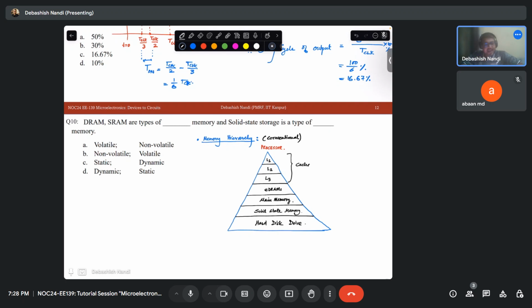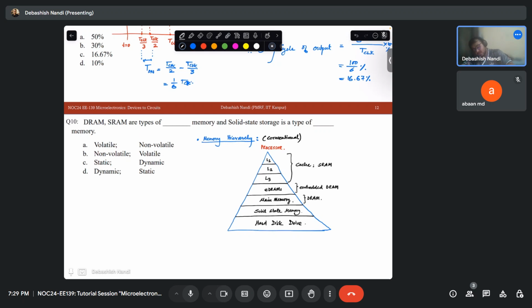These are called cache memories, okay? So these are basically made of SRAM, or static RAMs. This is your embedded DRAM. This block is your DRAM.